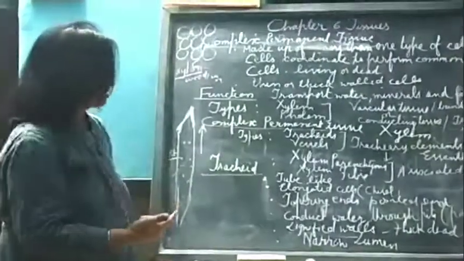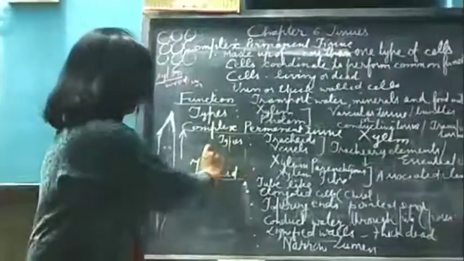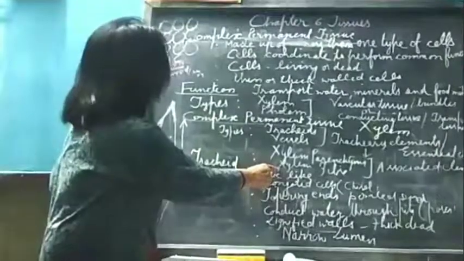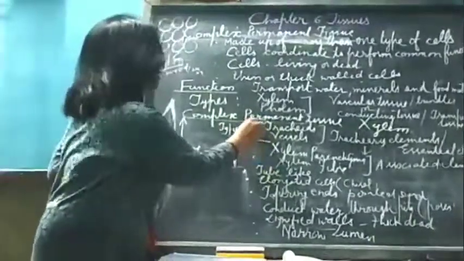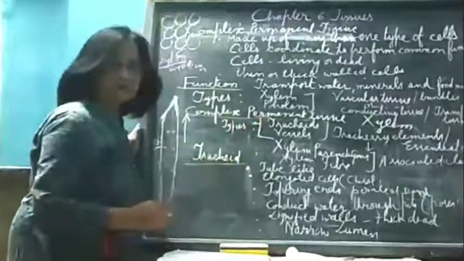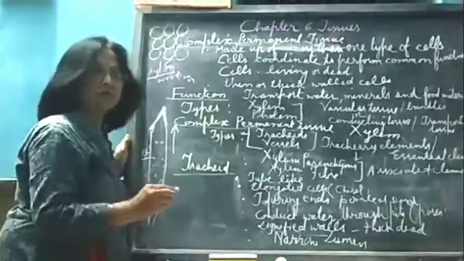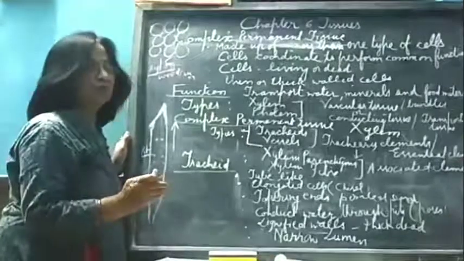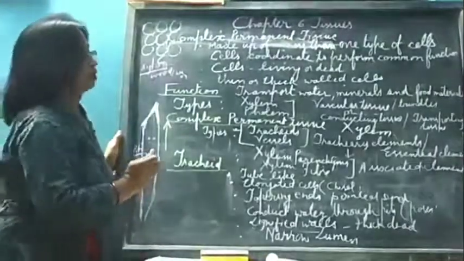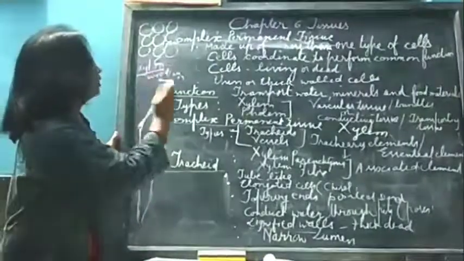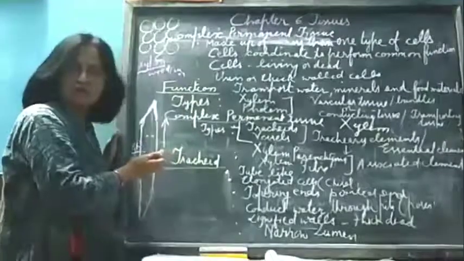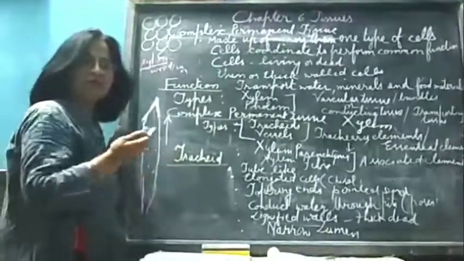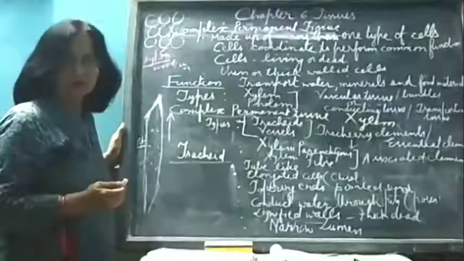Tomorrow I will explain the next cells, vessel, parenchyma, fiber, and I will differentiate between tracheids and vessels with diagrams. I hope your concept regarding today's video on complex permanent tissue and some characteristic features of xylem and tracheids is clearer. Thank you.